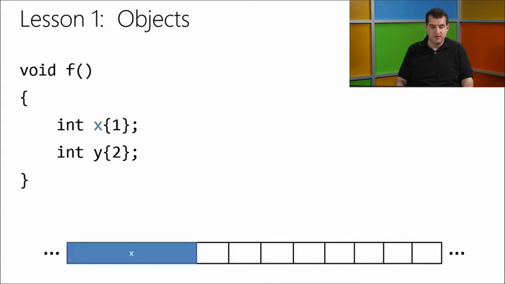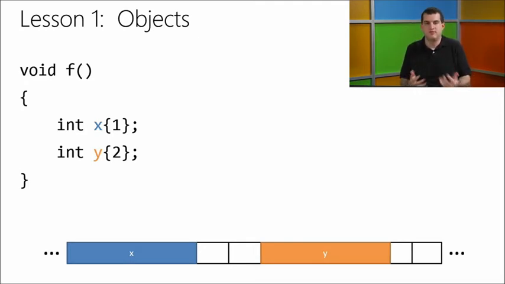For example, our object x might be sitting in these bytes in memory, and our object y might be sitting in these bytes over here. But the important thing is that it's just memory, just a piece of memory. It's also important to note that x and y are completely different, so they occupy completely different pieces of memory.